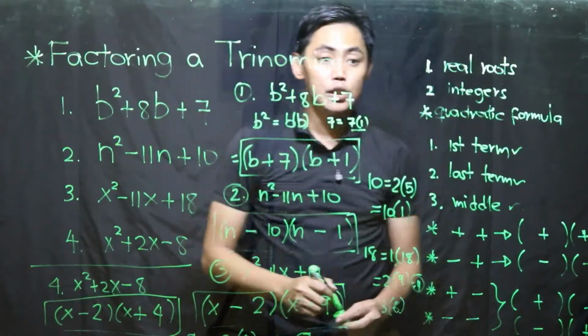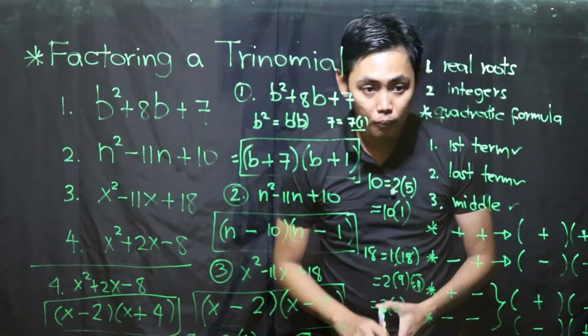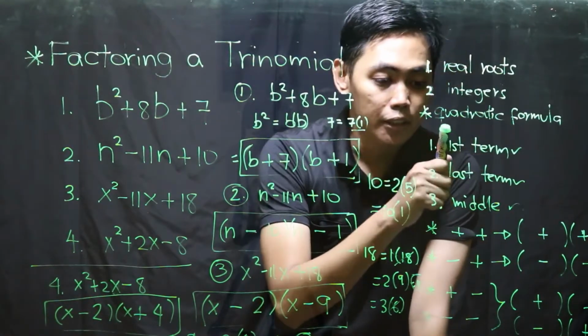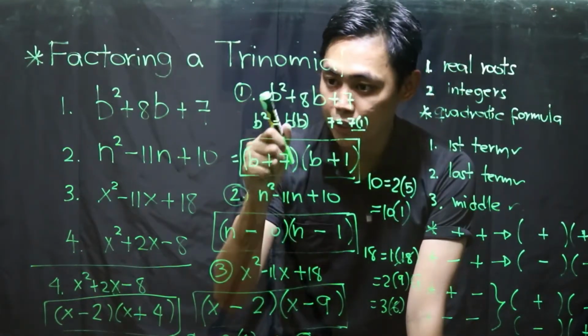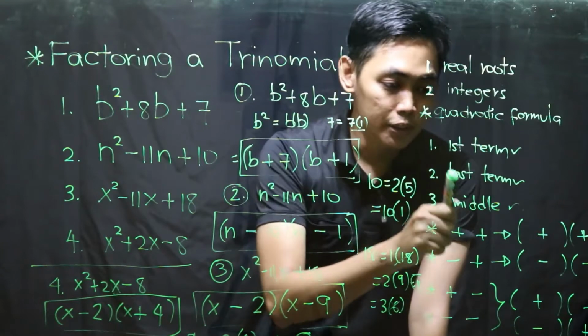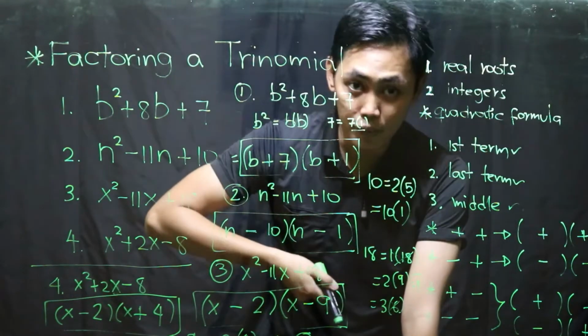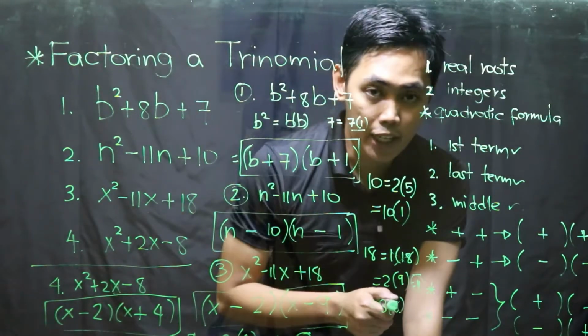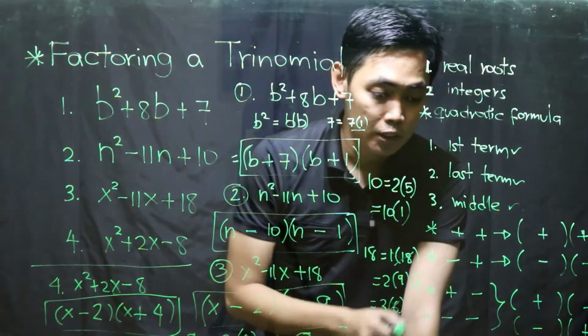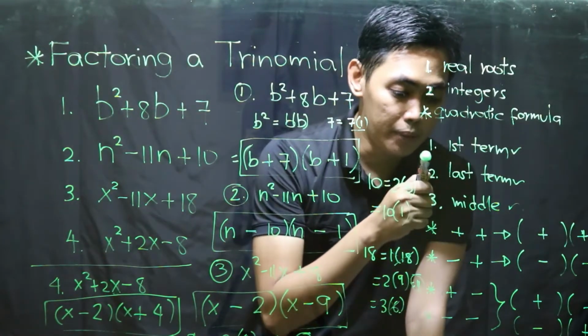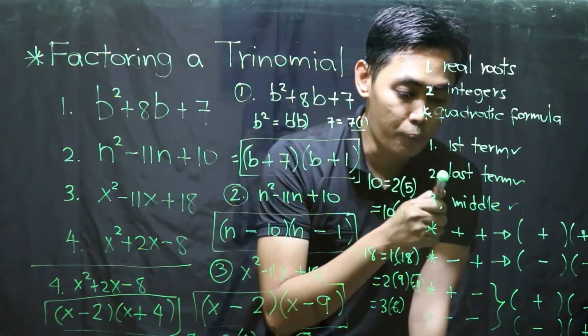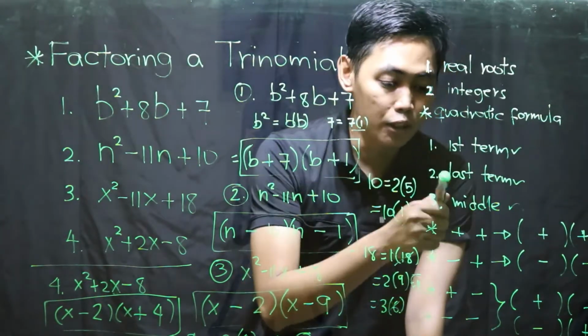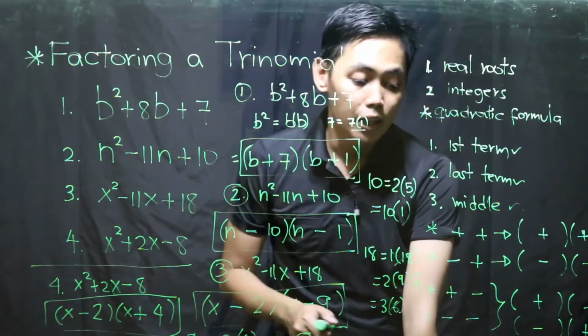So, again, to recap, the steps are: first term. You'll need to factor the first term. The last term, you will need to list down all the factors of the last term. And then, the middle. The middle term, we can determine which number we will use out of the group of factors from the last term.